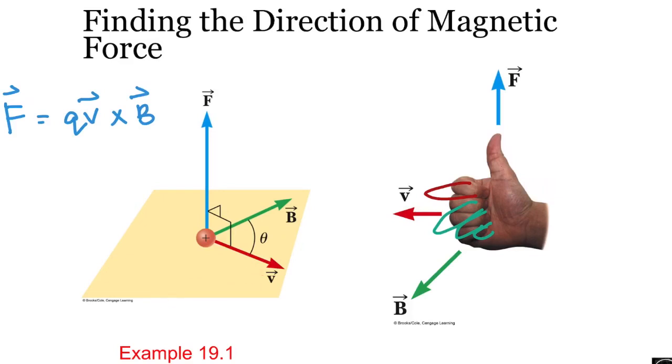The F must be perpendicular to the velocity as well as to the magnetic field lines. The angle theta is the smallest angle between velocity and magnetic field. So hopefully this is clear.